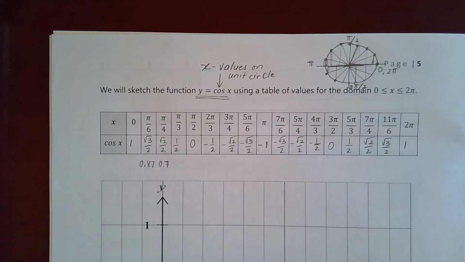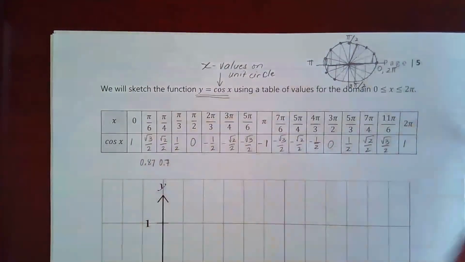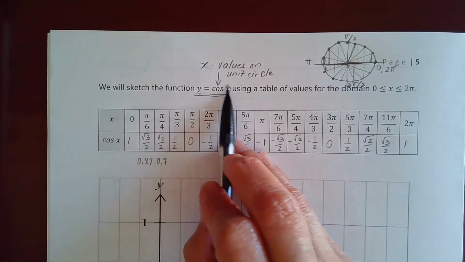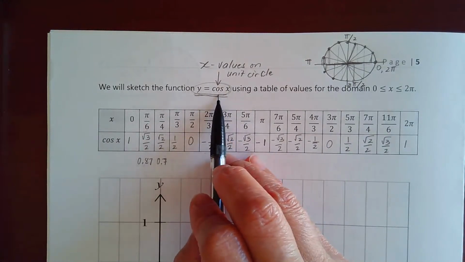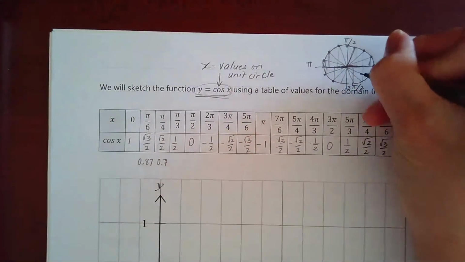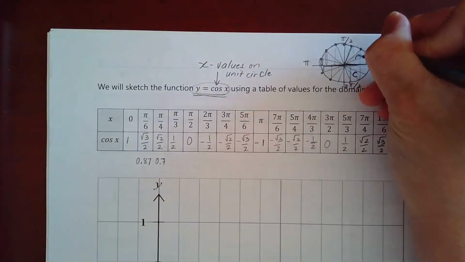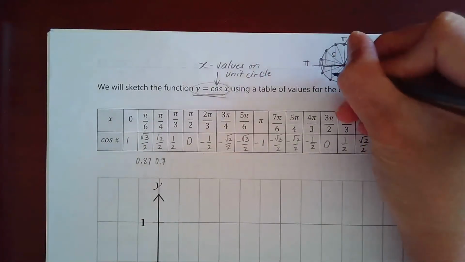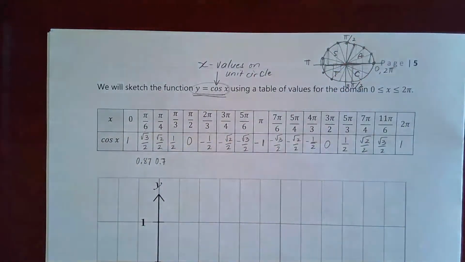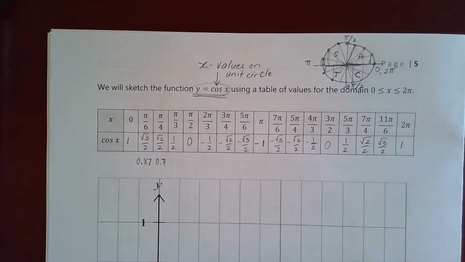So what's happening in here, I'm just going to write down the CAST. We're looking for where cos is positive. C-A-S-T is an acronym, a way for us to remember what's positive.